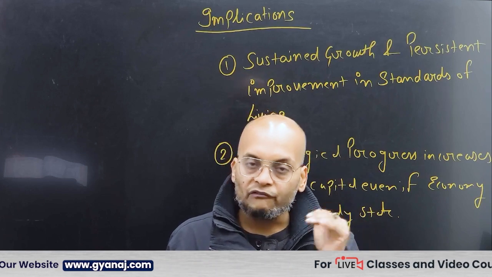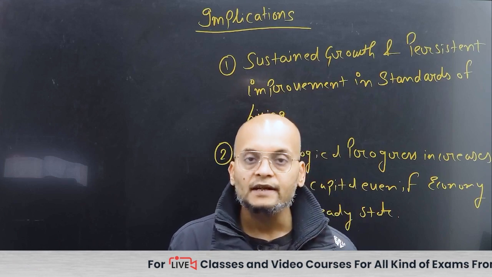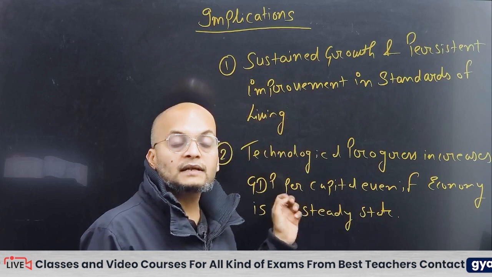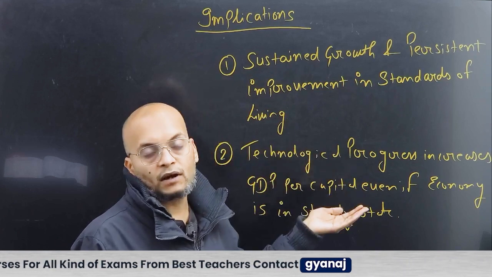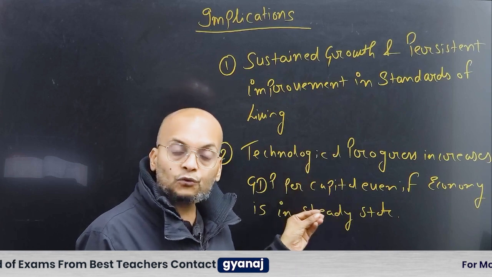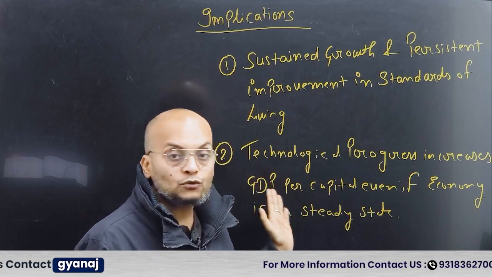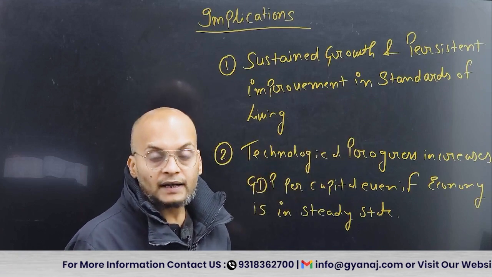After the steady state, the returns to capital start diminishing. But Solow residual tells us that if technology is improving, if technology is advancing, then GDP per capita is going to increase even if the economy is in the steady state.